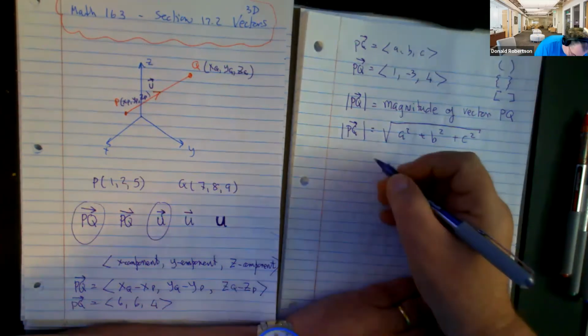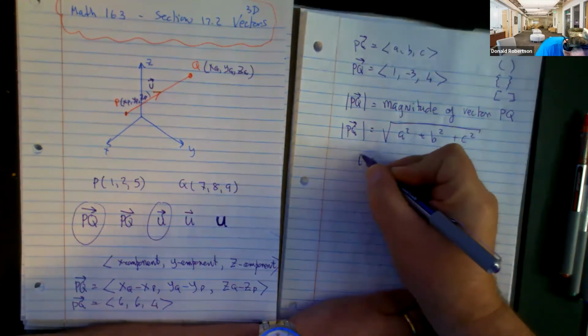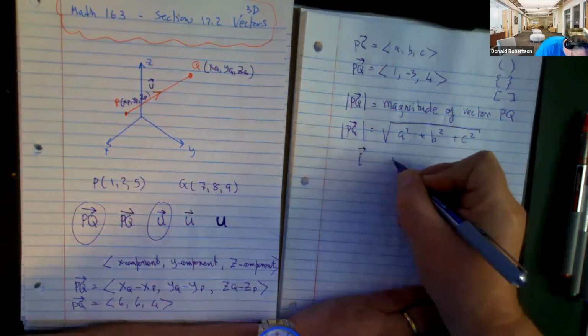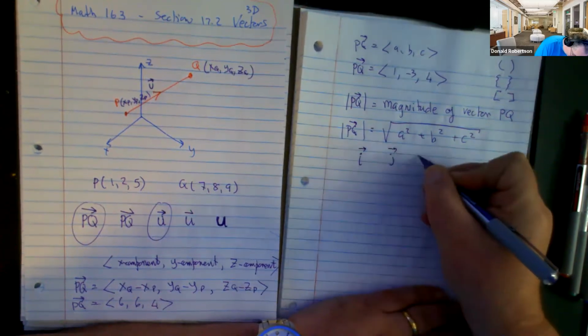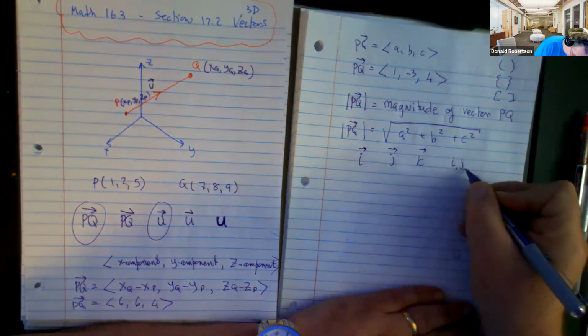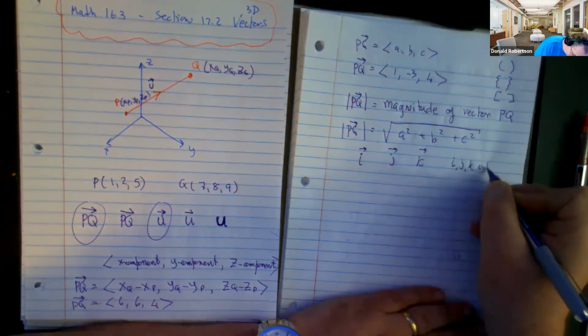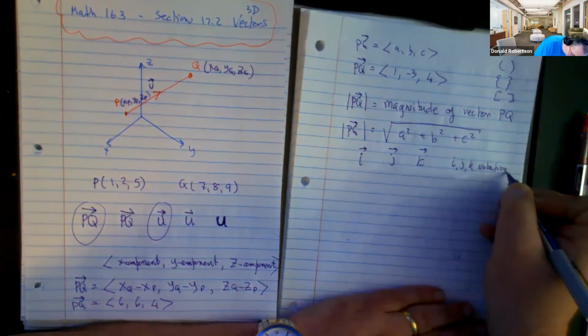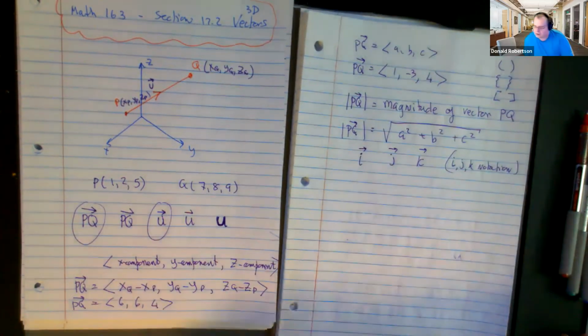So there are 3 very special vectors called IJK notation. That's at least my name for it. They are used in vectors quite a lot.